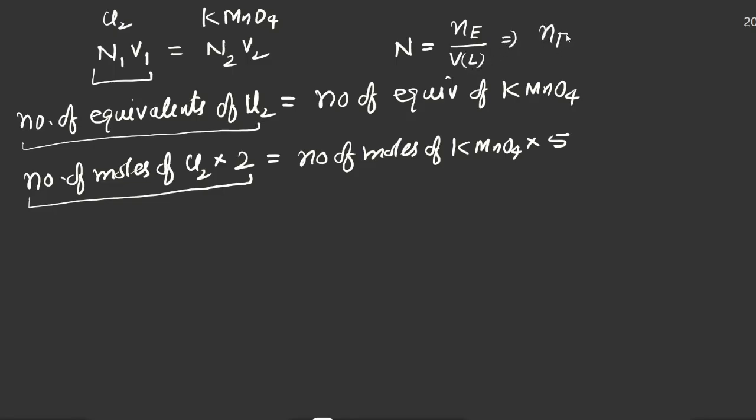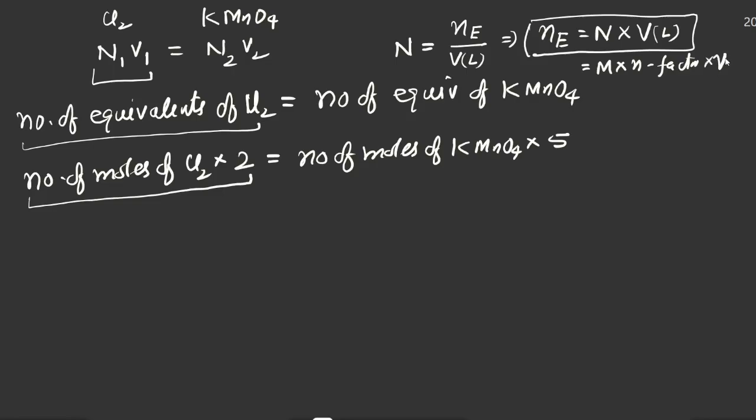So the number of equivalents is normality into volume. And then you have taken it as molarity into n-factor into volume, right?